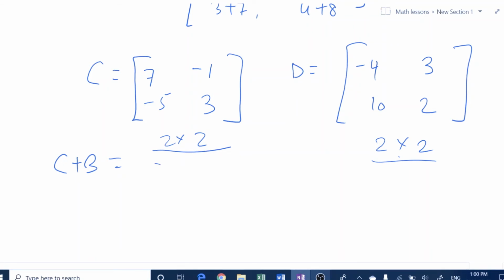How do I add? Each corresponding element must be added. 7 plus -4, these are the corresponding elements.